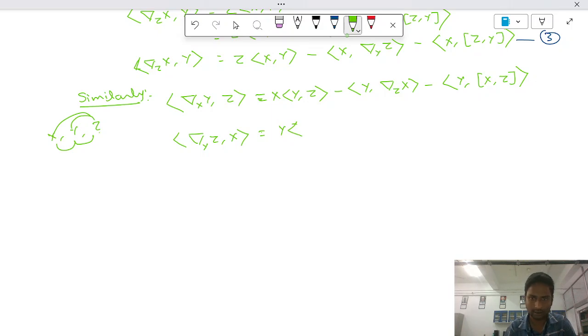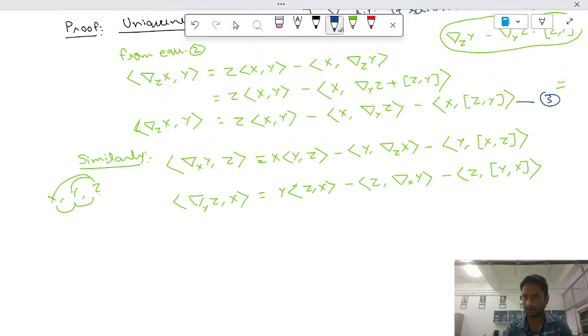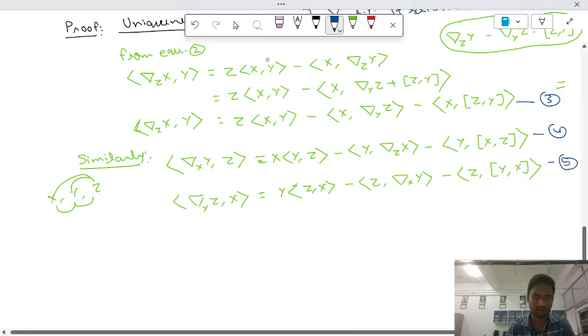This is y, z comma x minus z comma nabla_x y minus z comma Lie bracket of y comma x. So this is your fourth equation and this one is your fifth equation.